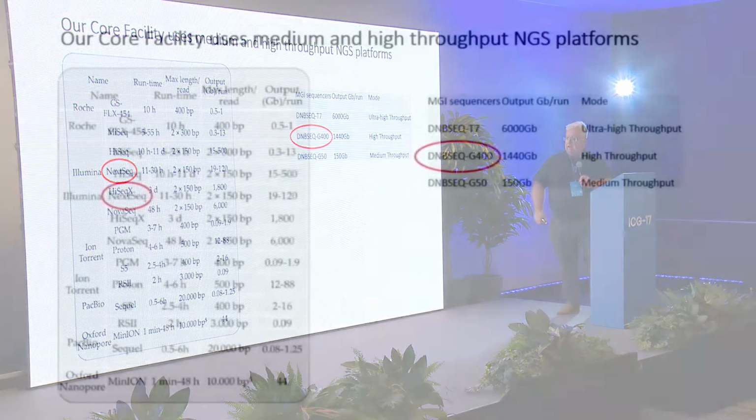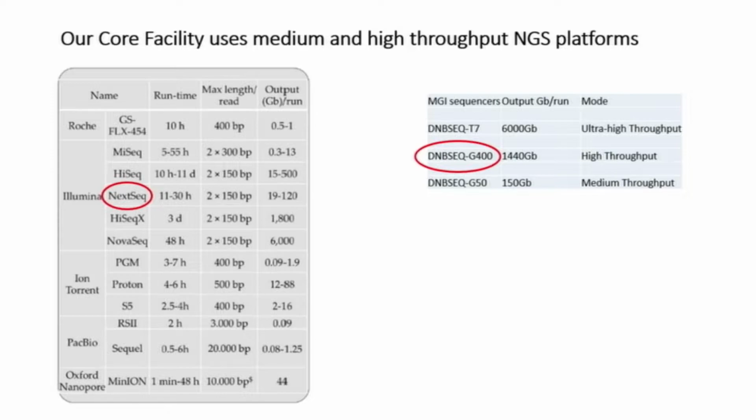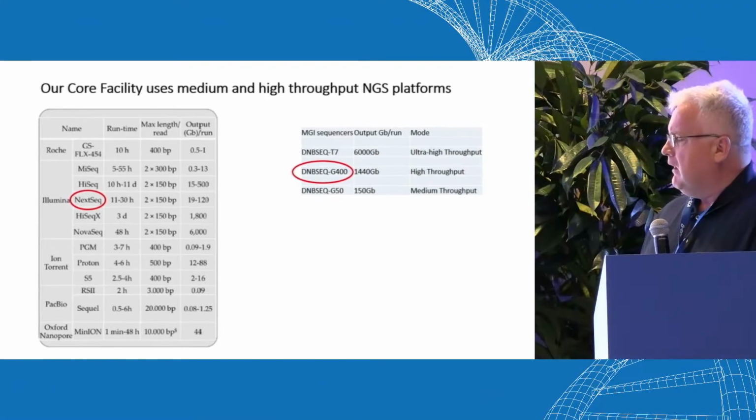So actually, in our core facility, we use classical short-read sequencing technologies. The Illumina Next 500 is available, and also, as I mentioned, the DNBSEQ G400, which represents a high throughput NGS platform, and the Illumina platform represents a medium throughput sequencer.